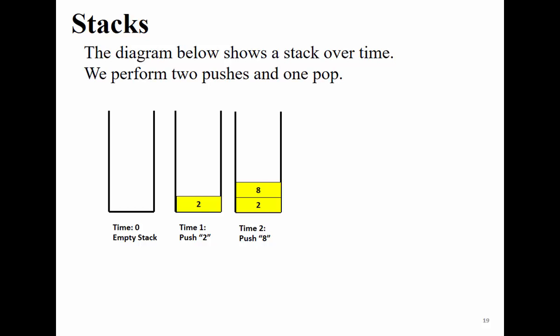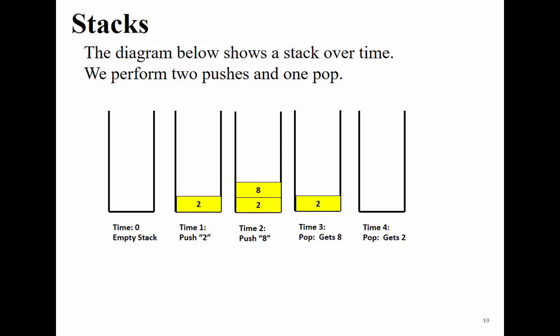If you need to take an element from the stack, you pop. It will return 8. 8 is the top of the stack. Then you pop out the 2. The stack is empty again. This is how the stack works: insert an element into the stack and take an element from the stack. Always we insert on the top of the stack and take out from the top of the stack.